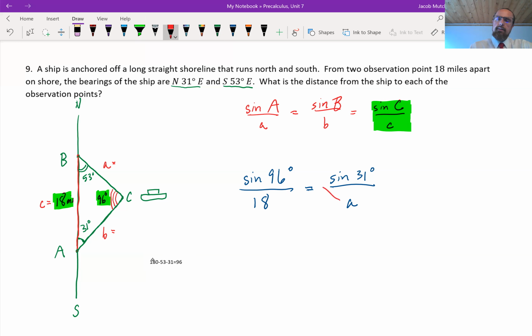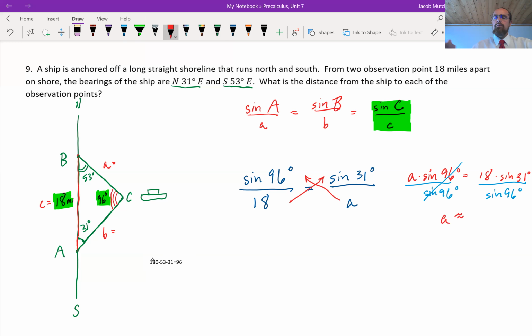So it's going to be A times sine of 96 degrees equals 18 times sine of 31 degrees. And then to finalize the solution there, I would just divide by sine of 96 degrees. That'll isolate A here on the left and gives us a ratio to calculate that side A. So we'll do that just now.